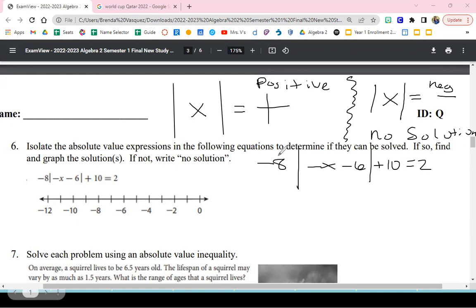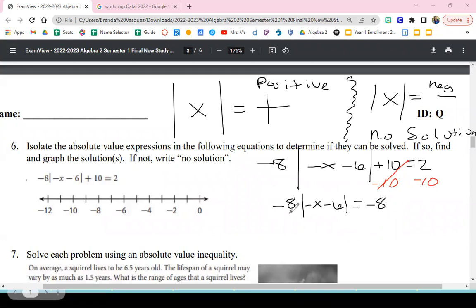I'm adding 10 and multiplying it by -8. So inverse operations, very similarly. Subtract 10 on both sides. We're left with -8 times the absolute value of negative x minus 6 equals, now what is 2 minus 10? -8.